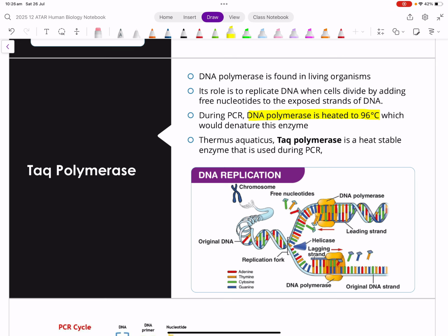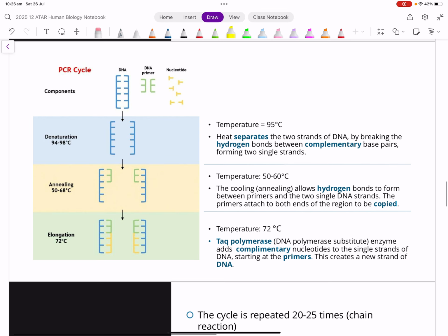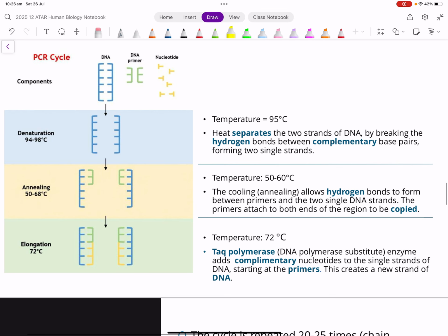The reason that we use Taq polymerase is so that we can run this PCR process in an ongoing manner, and we don't have to add new polymerase every single time in between, because it just doesn't denature.